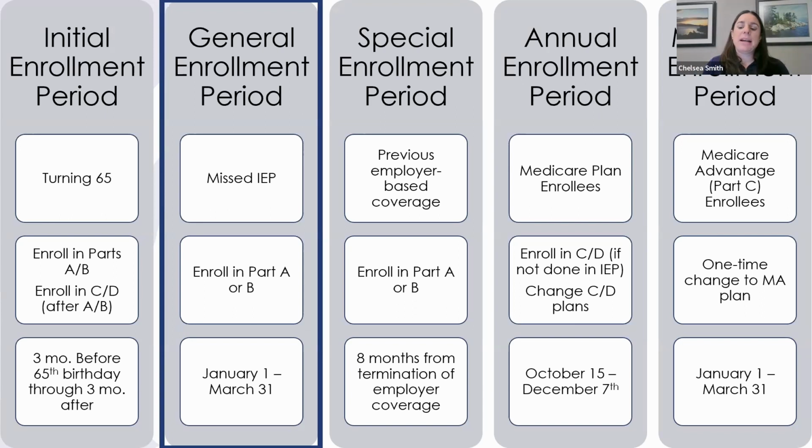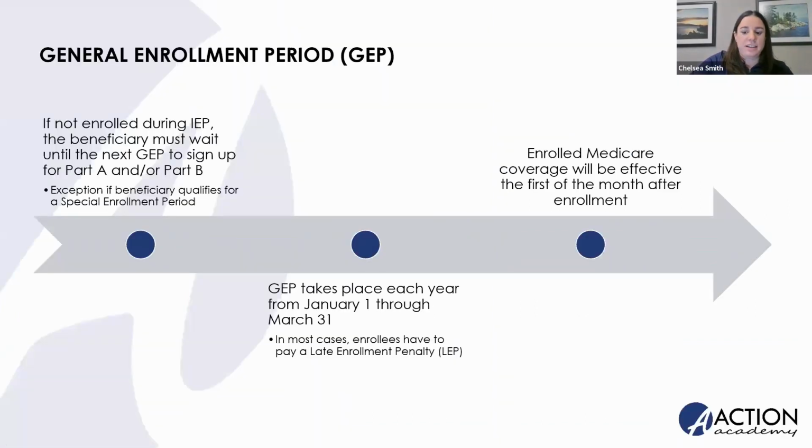During this time, a Medicare Advantage plan cannot be selected. That is a different enrollment period. I'm sure you can guess on the screen which period that is, but every year, like we said, general enrollment periods take place from January 1st through March 31st. So this is kind of what the timeline would look like.